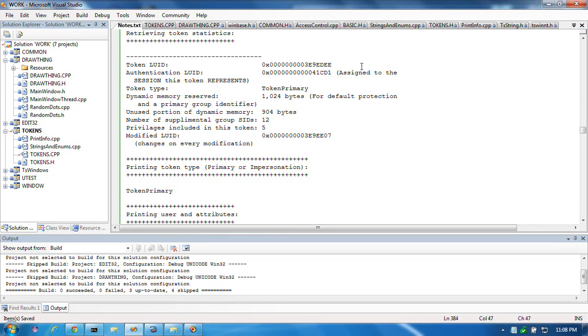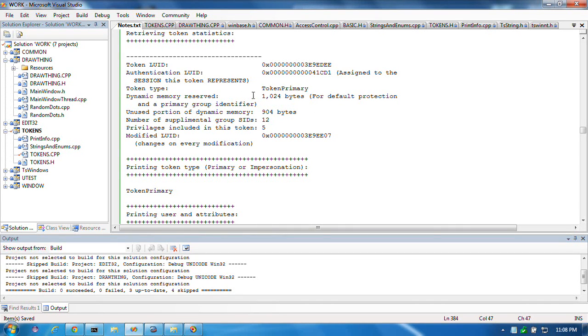This is the number assigned to the session that the token is representing. Okay, that makes sense, right? There's a session that my process is representing, and that's its authentication number. Makes perfect sense. No more explanation given.